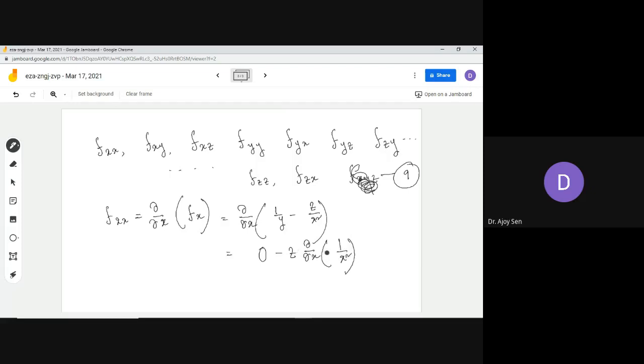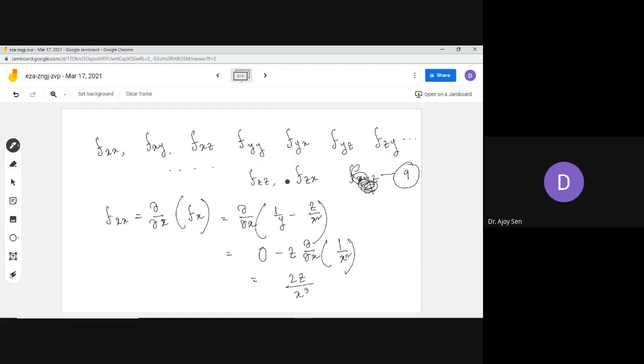So this is nothing but the normal derivative of 1 by x square, a minus will come, and this x square will become x cube, and the thing will become twice z by x cube. In this way you can calculate all the 9 derivatives. So this is the way of calculation.